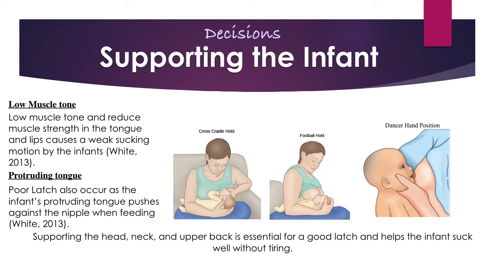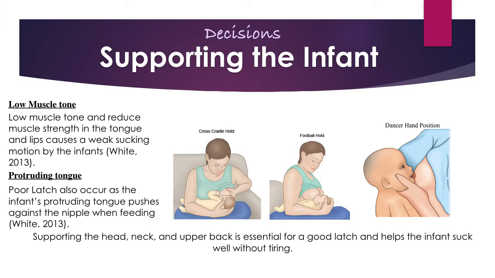The infant's low muscle tone and protruding tongue also poses a challenge to breastfeeding. Often, the infant is too weak to establish a good latch and strong effective sucking motion. Additionally, the tongue also affects the quality of the latch by pushing against the nipple. To address these issues, there are a variety of positions or holds that efficiently support the infant's head, neck, and upper back.